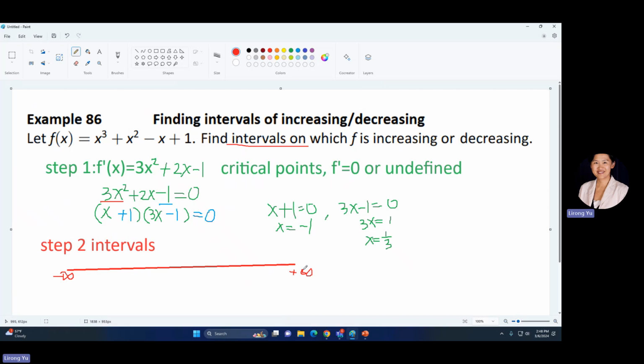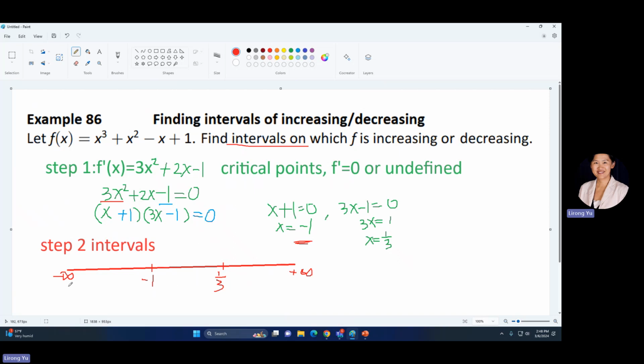We find two critical points, and we put the smaller one on the left, which is -1, and the bigger one on the right, which is 1/3. These two numbers are like dividers or separators, cutting the whole number line into 3 pieces. Every piece here is an interval.